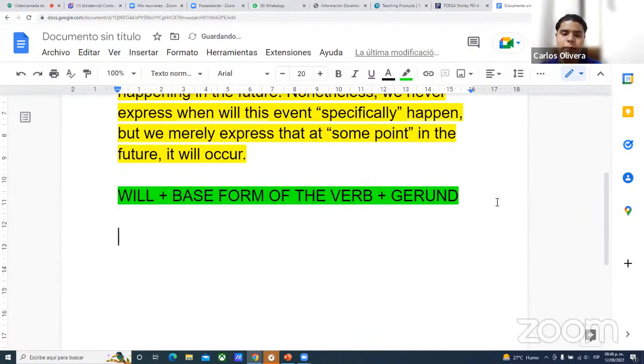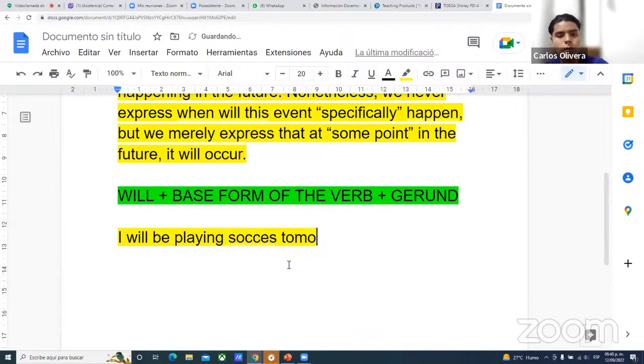Very good. So let's try some examples. I think that is going to help clarify. For example, if I say, I will be playing soccer tomorrow, are we following the structure here?